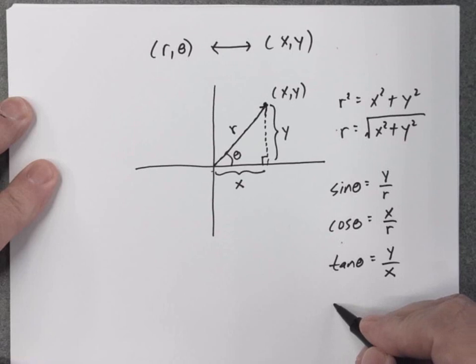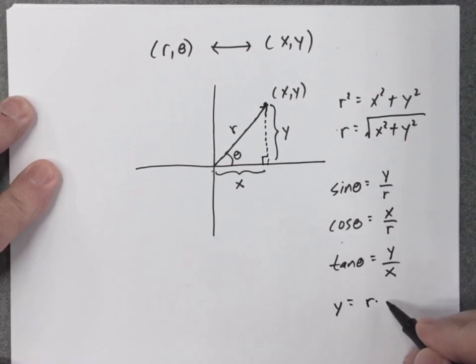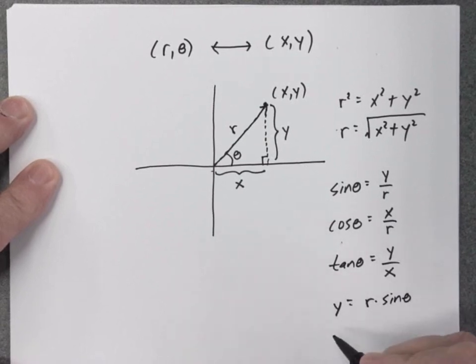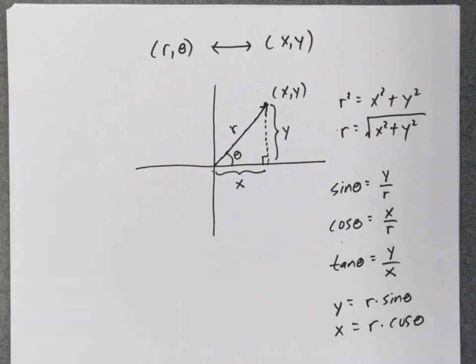Let's just get the y by itself. So y is r times sine of theta, and x is r times cosine of theta. So now, with all the stuff I've got here, I really have the things I need to start converting back and forth.